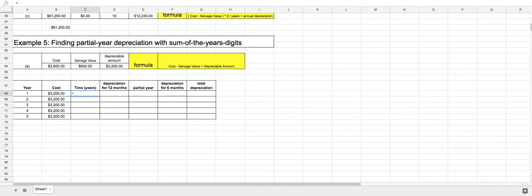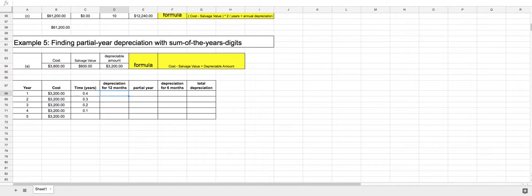So we're going to go 4 over 10, because out of 4 years, and again, we covered how to find this fraction in lesson 16.3. The next one will be 3 out of 10. After that, we get 2 out of 10, 1 out of 10, and that is the time that we need for that.